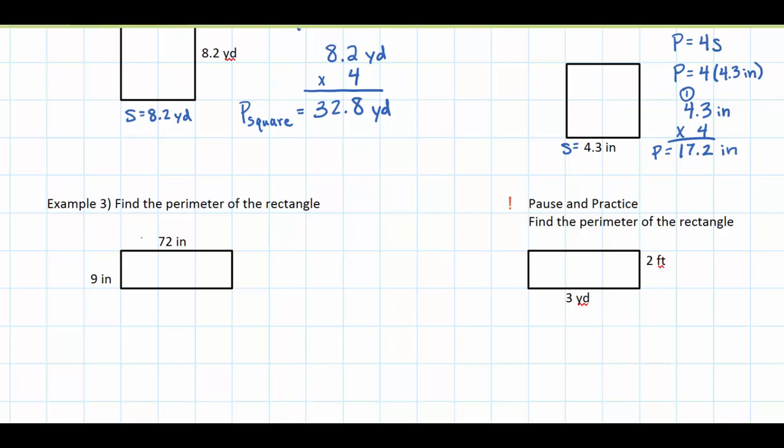In example 3, we have side A of 72 inches, and we have side B of 9 inches.